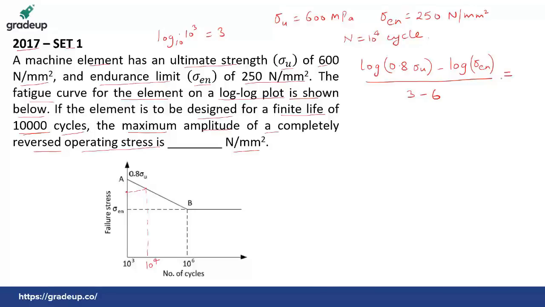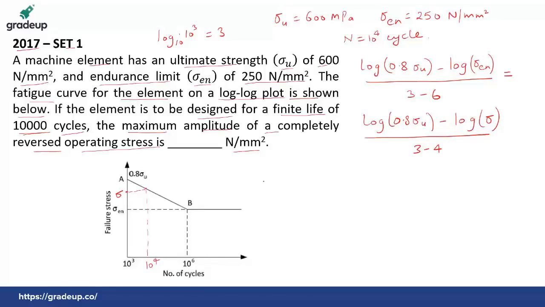And this will be equal to the same for the unknown value: log 0.8 sigma u minus log sigma, where this sigma is what we have to find out, upon 3 minus 4.